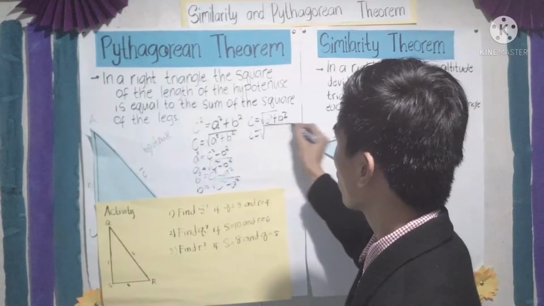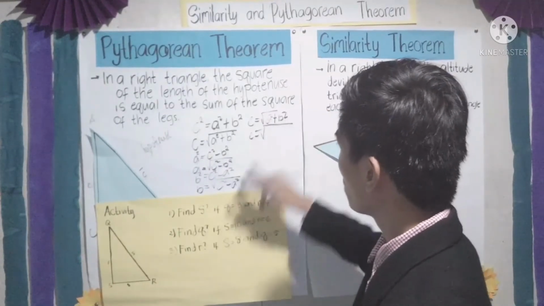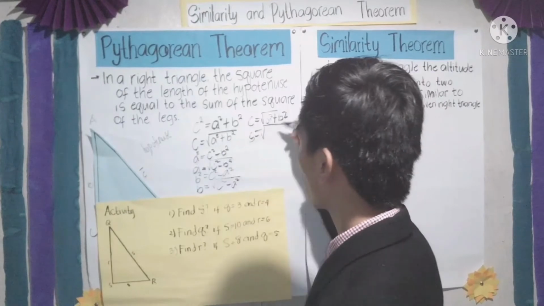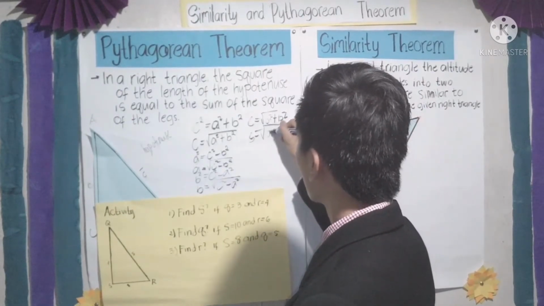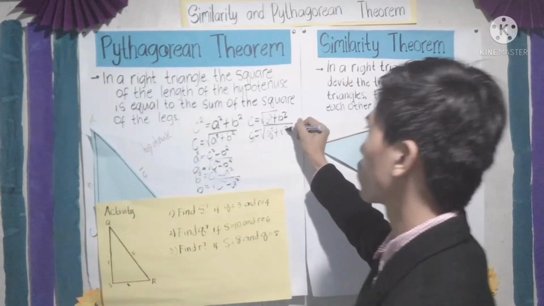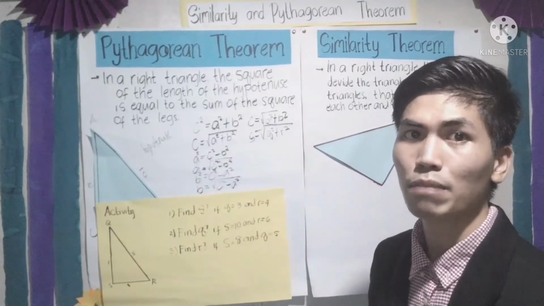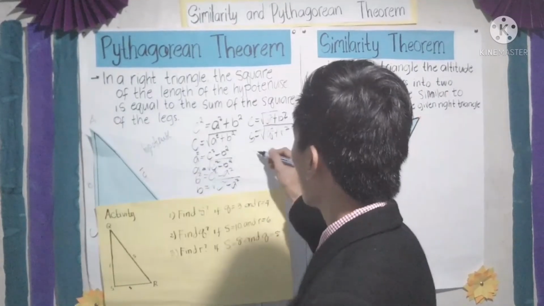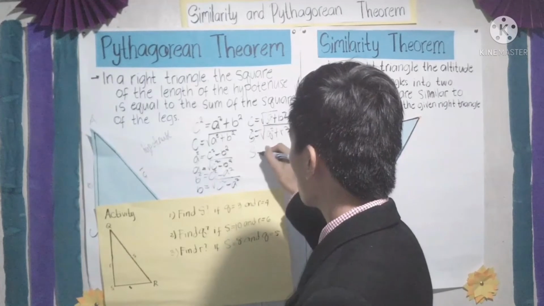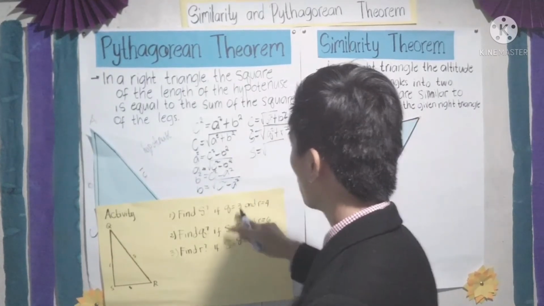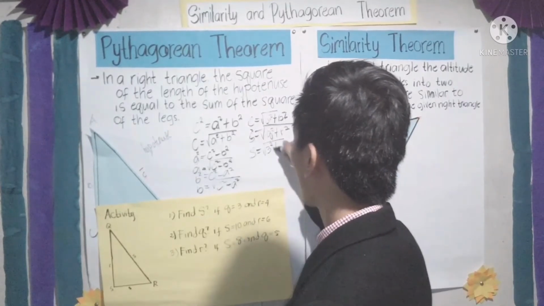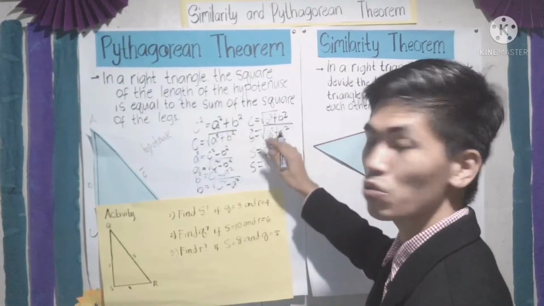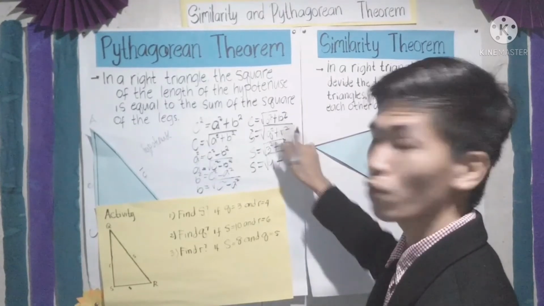We change that into s, the hypotenuse, so s is equal to the square root of q squared plus r squared. Substituting the values, s is equal to the square root of 3 squared plus 4 squared, which is the square root of 9 plus 16.